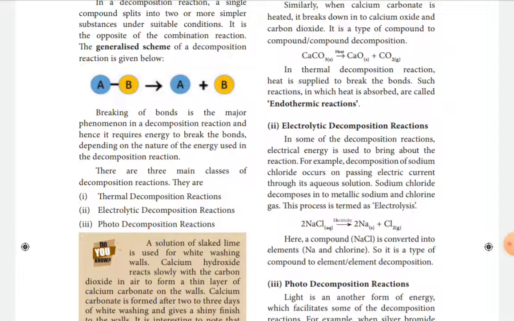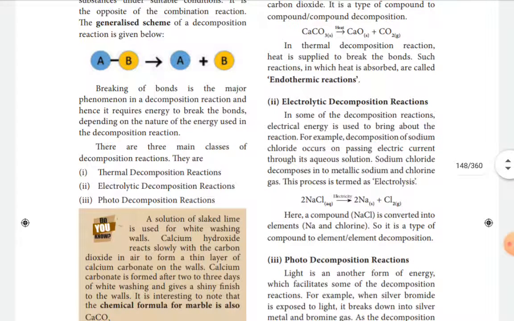Normally the breaking of bonds requires energy, and the energy may be in different forms. For example, some reactions require heat energy, some require electrical energy, and some require energy from the sun. Based on that, three types are given: thermal decomposition, electrolytic decomposition, and photo decomposition.